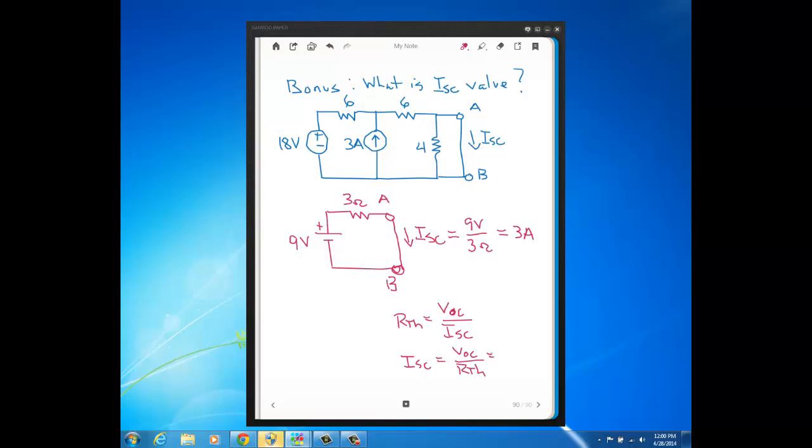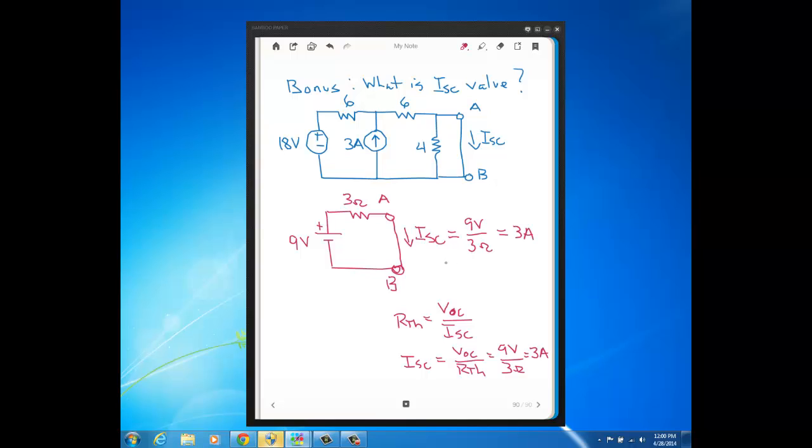So we can plug in 9 volts over 3 ohms, and again it equals the same 3 amps. The point is that once you have the equivalent circuit, it's very easy to find anything about the load, even if that load was a short. Essentially that's what we did here: we replaced the load resistor with a short in our equivalent circuit to find I short circuit.